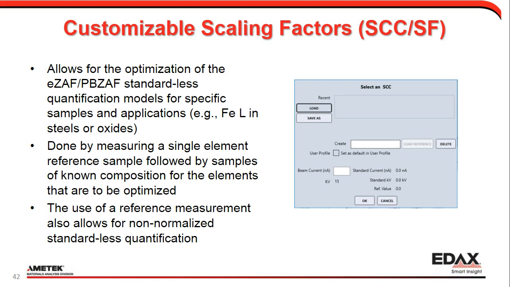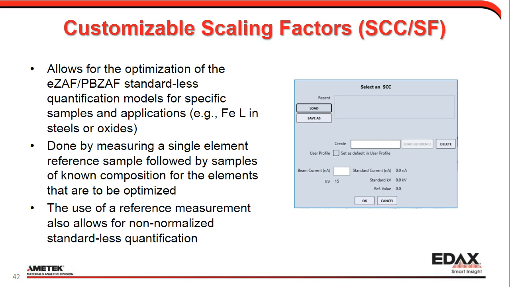Let me give you an example. When mineralogists look at iron inclusions, they have to reduce kV to use iron L. The iron L peak height depends on binding configurations. Iron L in steels or in oxides gives very different peak heights with the same concentration.